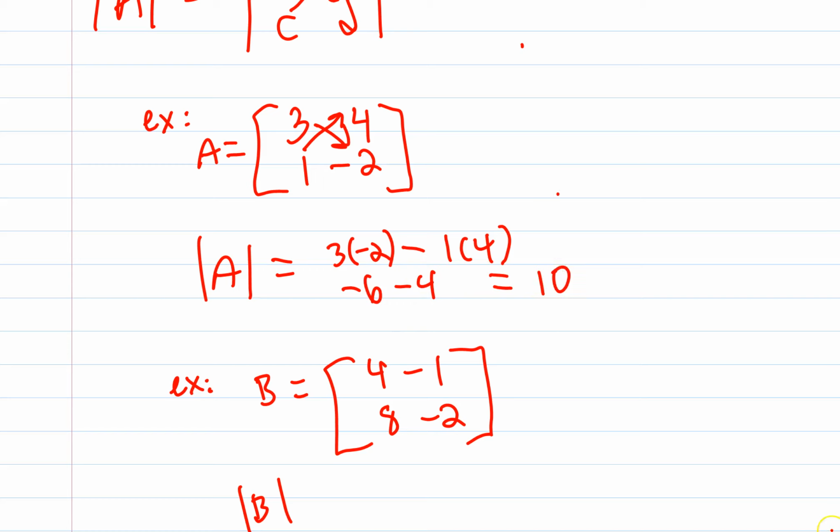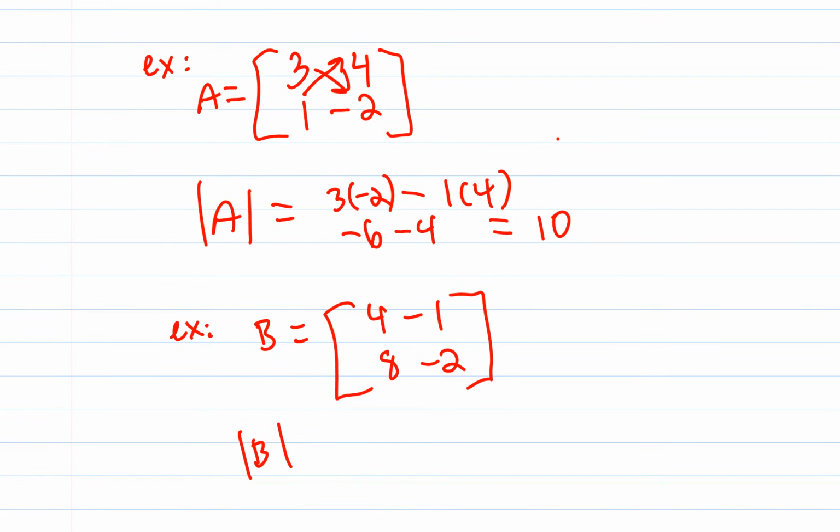I can do the same thing with B. Down minus up if I wanted the determinant. So down would be 4 times negative 2, minus up, 8 times negative 1. That becomes negative 8 plus 8. This would have a determinant of 0.